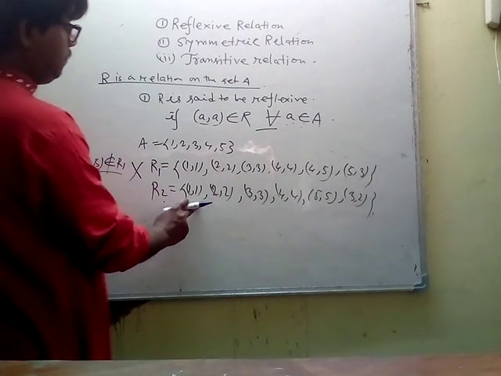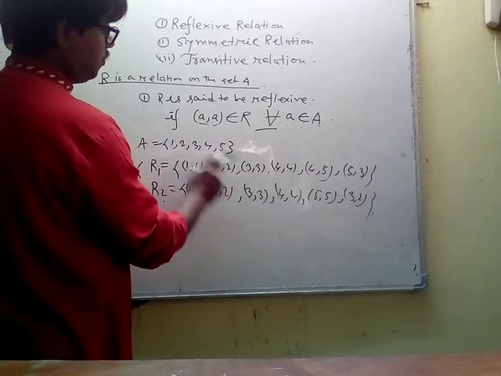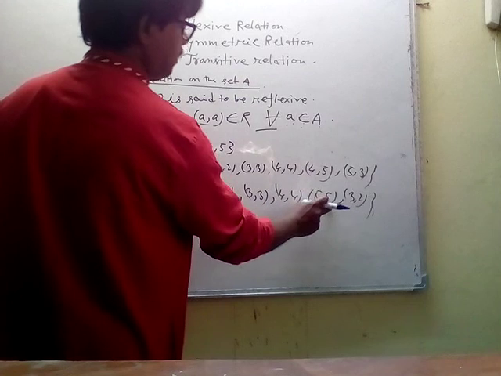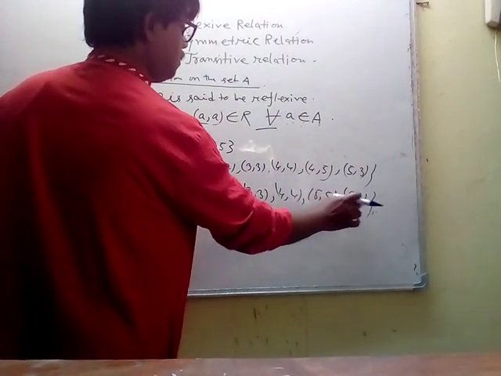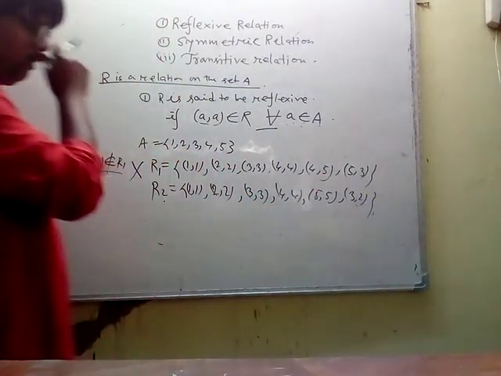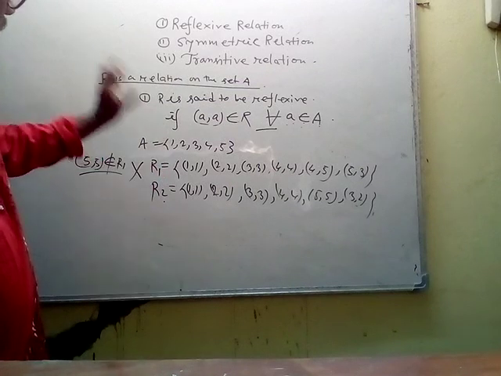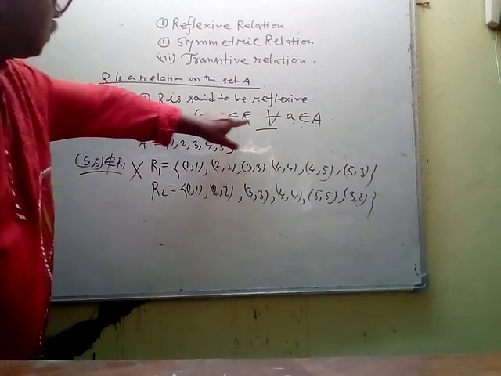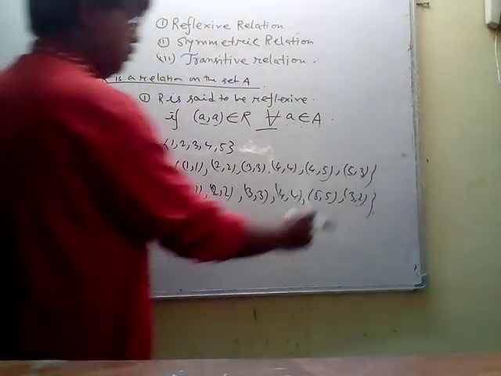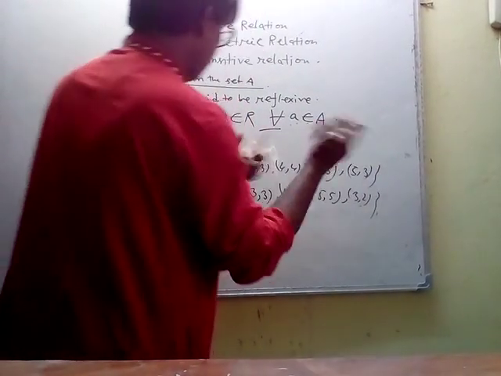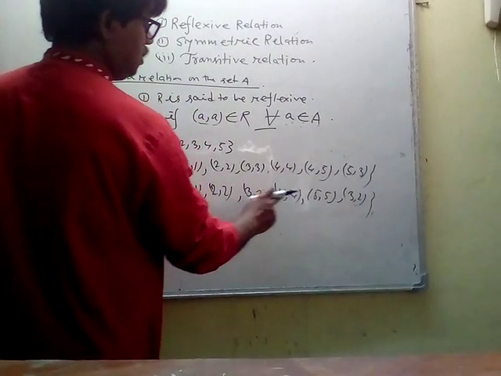In R2, for 1, (1,1); for 2, (2,2); for 3, (3,3); for 4, (4,4); for 5, (5,5). All exist. We only have to observe that (a, a) belongs to R. Other elements like (3,2) may exist or not.